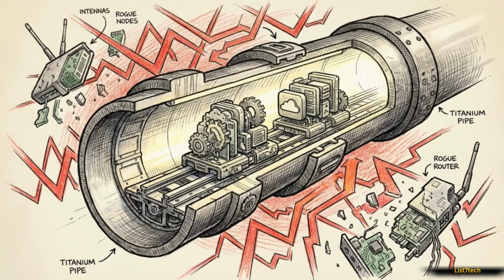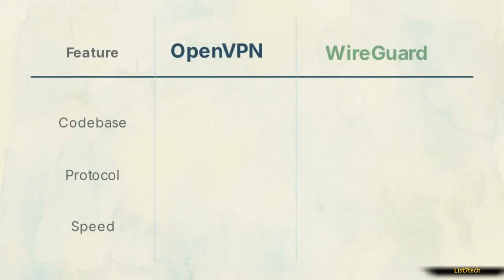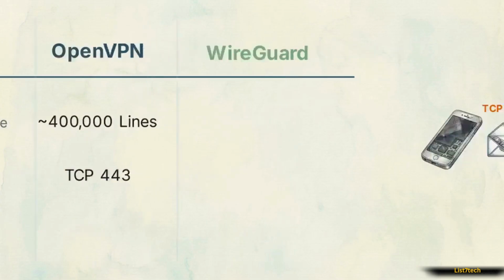For total full device encapsulation on hostile networks, virtual private networks provide a comprehensive tunnel that encrypts all application and browser traffic. This comparison table evaluates the two dominant architectures. OpenVPN runs on a massive codebase and uniquely supports TCP port 443.